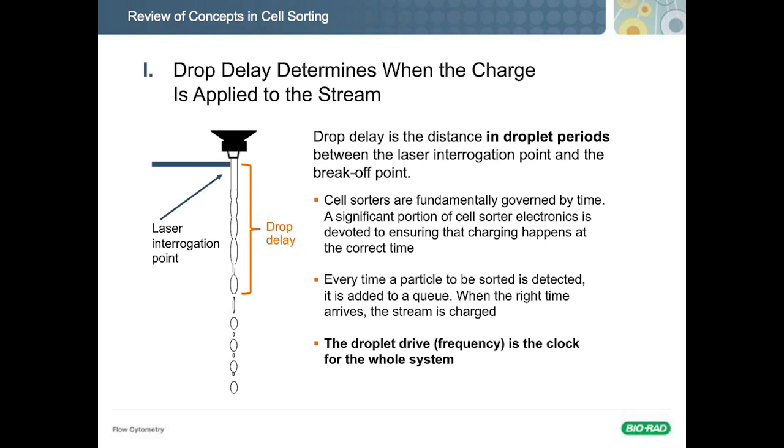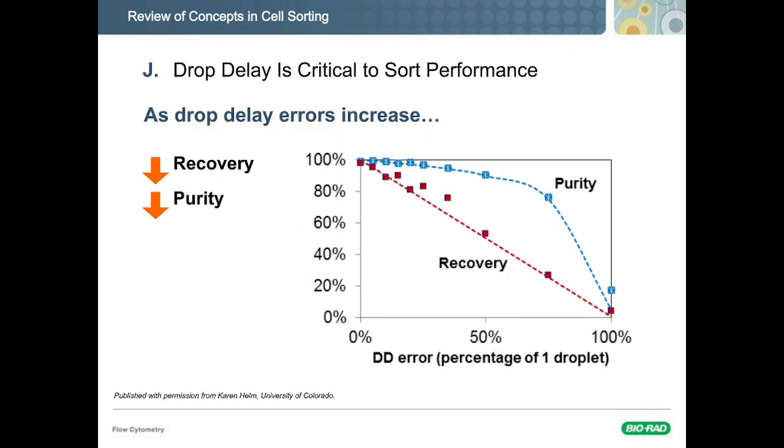And as we talked about it being the most important thing, this is some great data from Karen Helm where she intentionally incorrectly set the drop delay and then looked at what happens through the process of doing that. And the first thing that you see is your recovery starts to fall off. And that's what I was talking about.